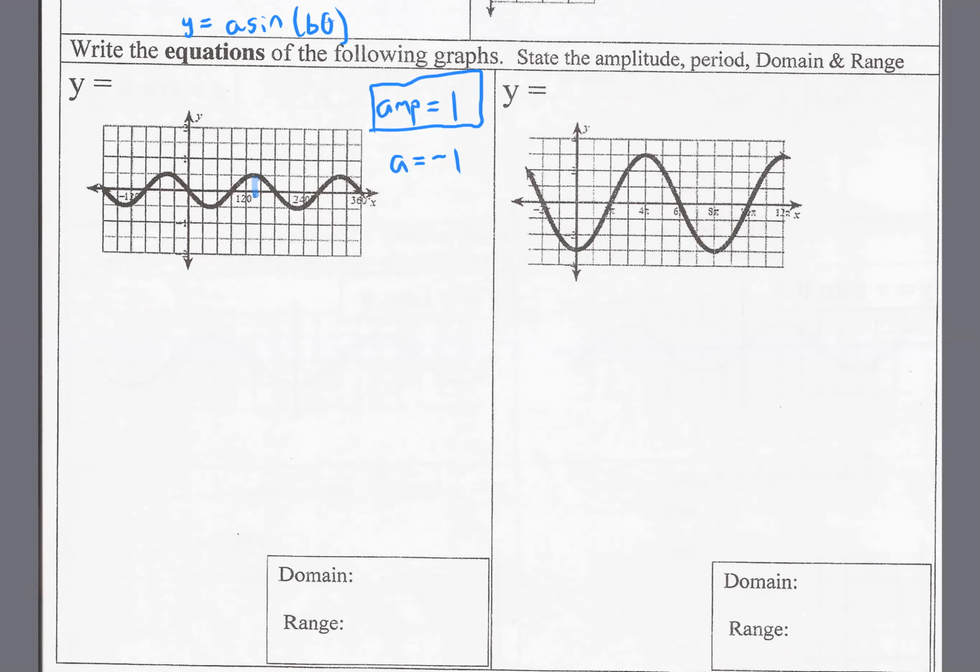Is it really? Oh, that's it. I thought that was a 2. That's a 1. Thank you. So my amplitude is 0.5, and then A would be -0.5. I looked at this number here and I thought that was a 2. I didn't look close enough. So that's a 1, so it's going to be 0.5.